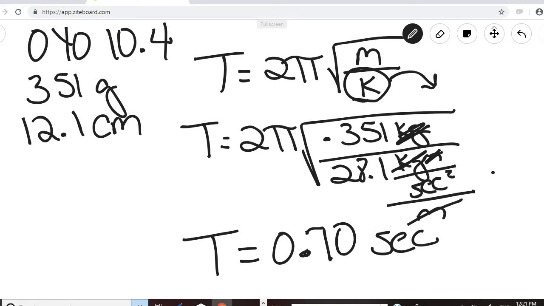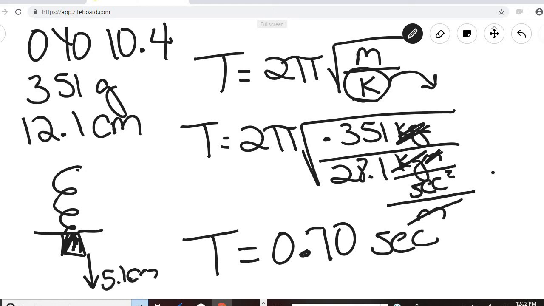Okay, so the time required for this spring, we have a mass attached here. We're going to pull this down 5.1 centimeters, and we're going to let it fly. How long will it take to go up and back down? And the answer is that it will take 7/10 of 1 second.